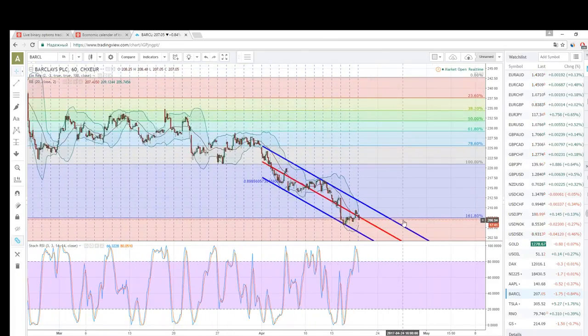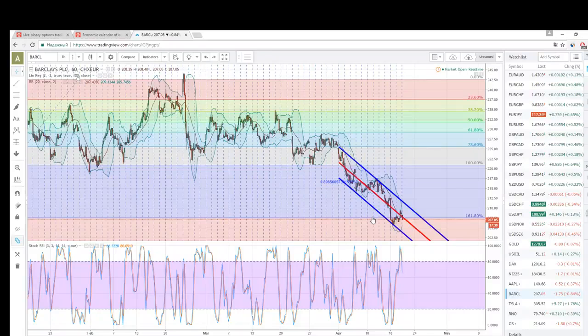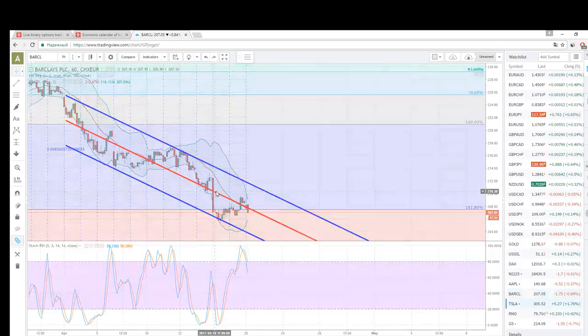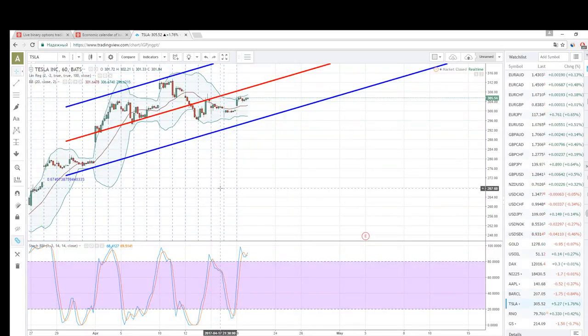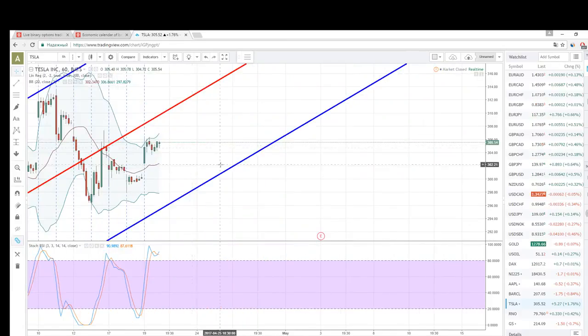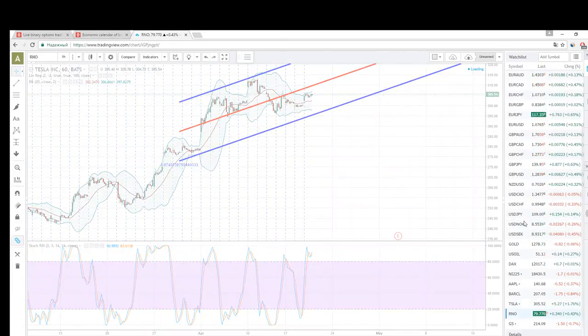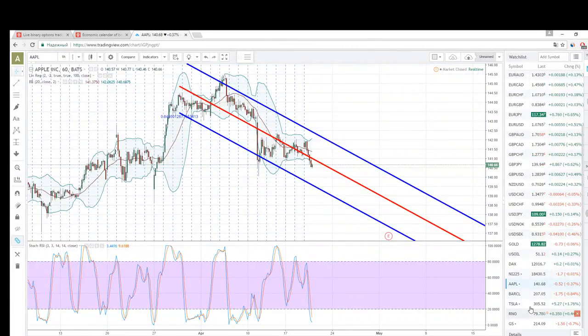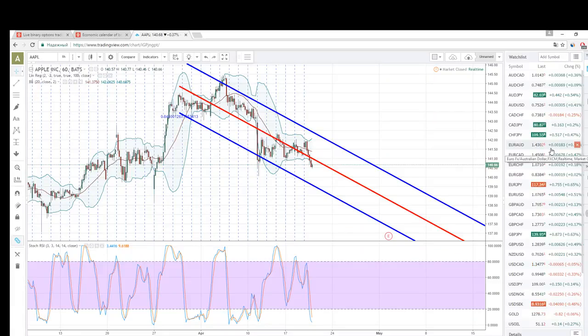Okay, so Barclays, I already have the Fibonacci, as you see. But currently I cannot say anything definitely about the trading, about the patterns, because quarterly reports influence the market, and basically stocks right now are mostly influenced by that event.